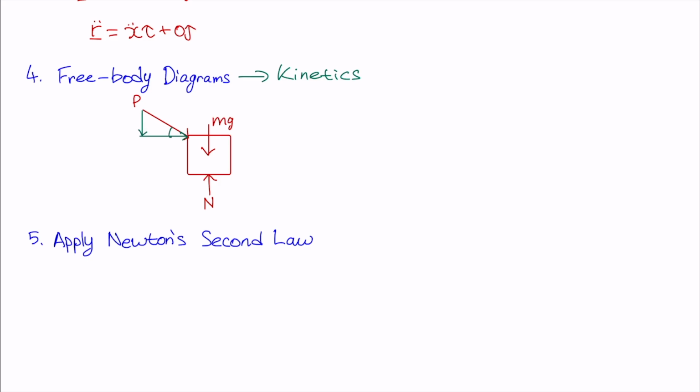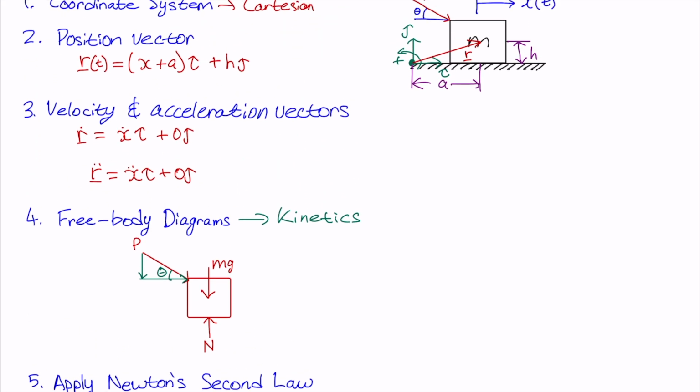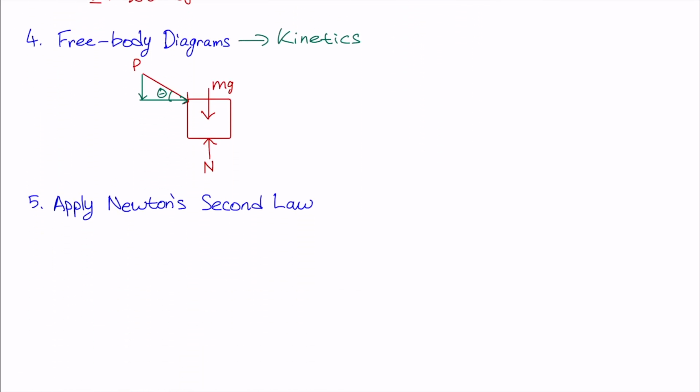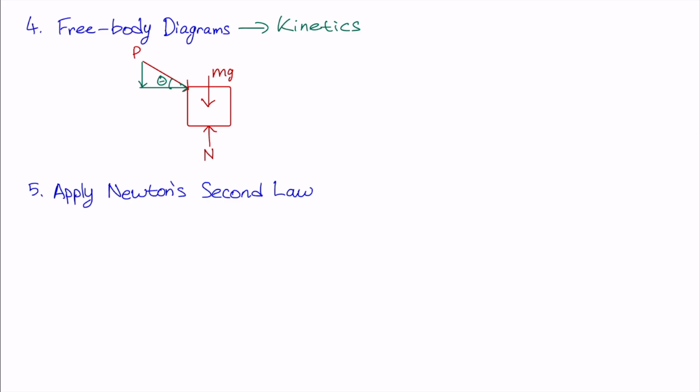And we know that this angle right here is theta. Let's just double check that. Yep, we can see it's drawn there, and it's provided in the problem. So that angle there is theta. P is now the hypotenuse, so on the vertical we're going to get P sine theta, and on the horizontal we'll get P cosine theta.